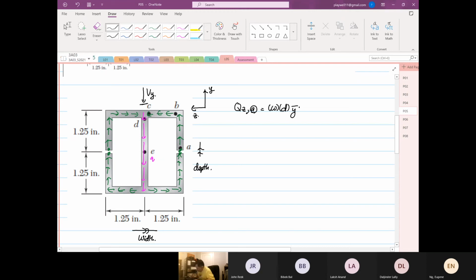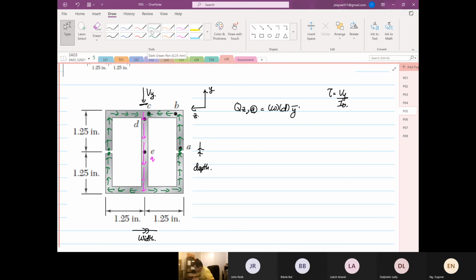The width and depth is relative to your Vy, by the way. Okay, parallel to your Vy. If you want to look at this, the formula is the shear is equal to Vy over Izz. Okay, so what is of interest over here is our ZZ direction.